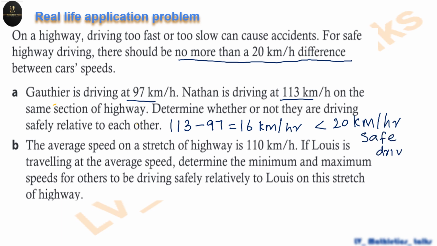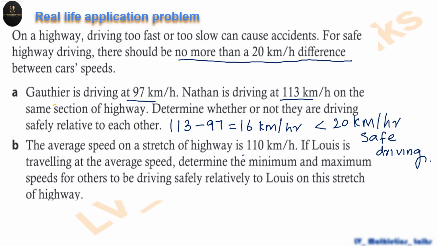Now let's see the second question. The second part of this question: the average speed on a stretch of highway is 110 km per hour. If Lewis is traveling at the average speed, determine the minimum and maximum speed for others to be driving safely relative to Lewis on this stretch of highway.